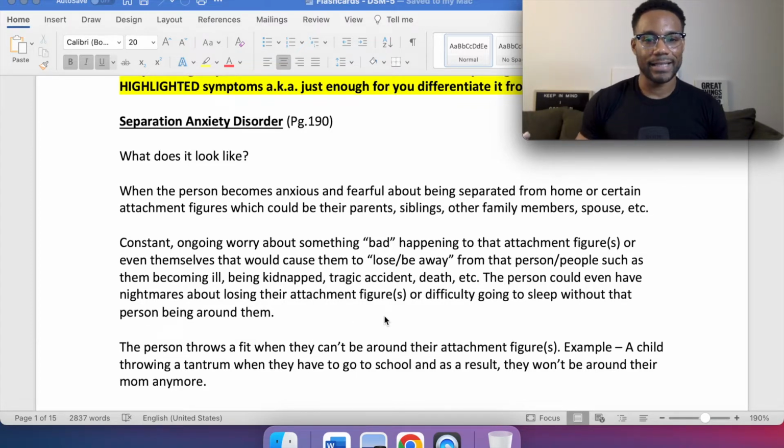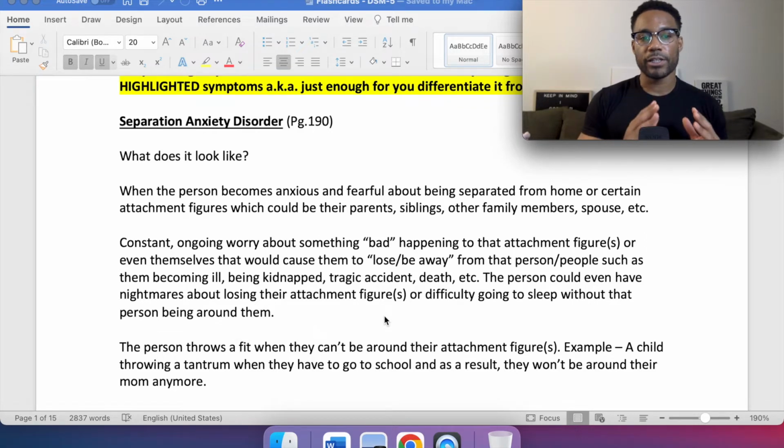Also, there is constant, ongoing worry about something bad happening to that attachment figure or figures, or even themselves, that will cause them to lose or be away from that person or people, such as them becoming ill, being kidnapped, a tragic accident, death, etc. The person could even have nightmares about losing their attachment figure or figures, or difficulty going to sleep without that person being around them.